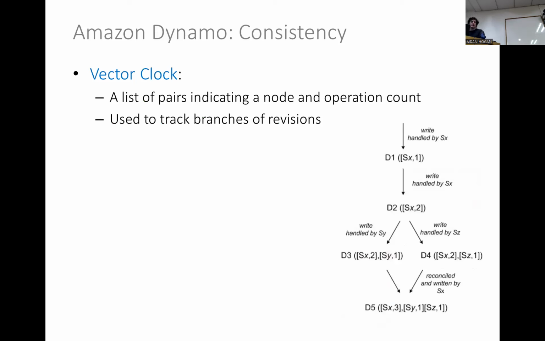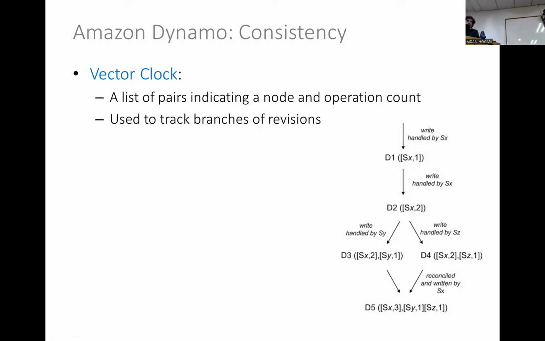In terms of consistency, there's a few other elements that Amazon Dynamo uses in order to guarantee consistency. One of these is called a vector clock, which basically keeps track of which nodes or which servers, in this case it uses S, are modifying which data. So let's say we have some data, some value, for example, the content of a shopping cart.